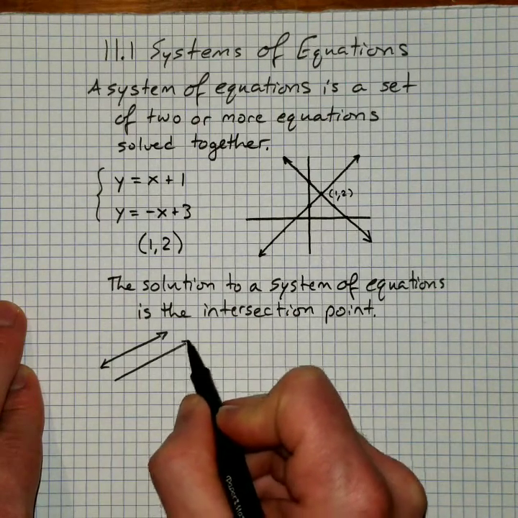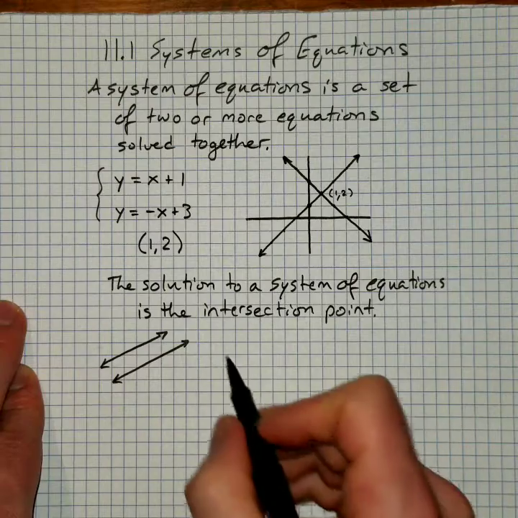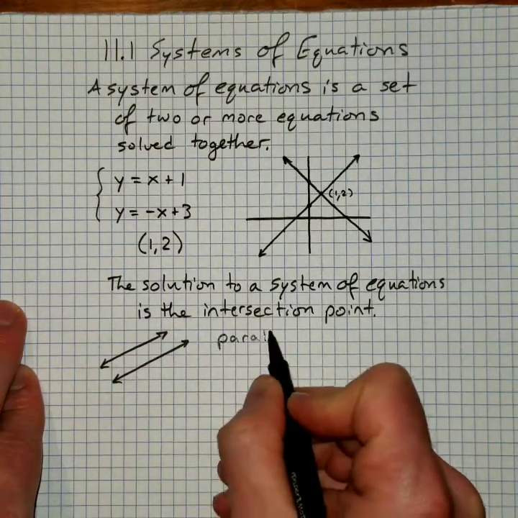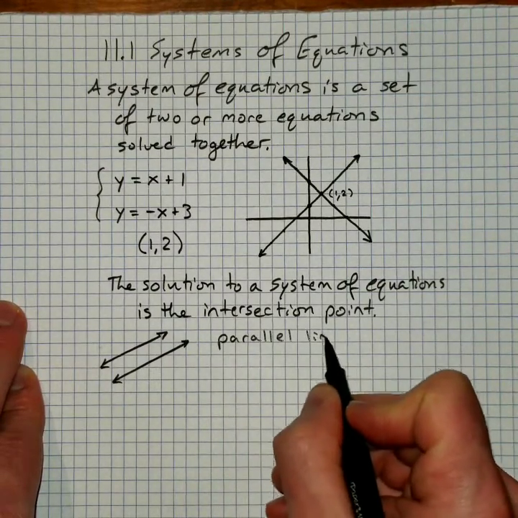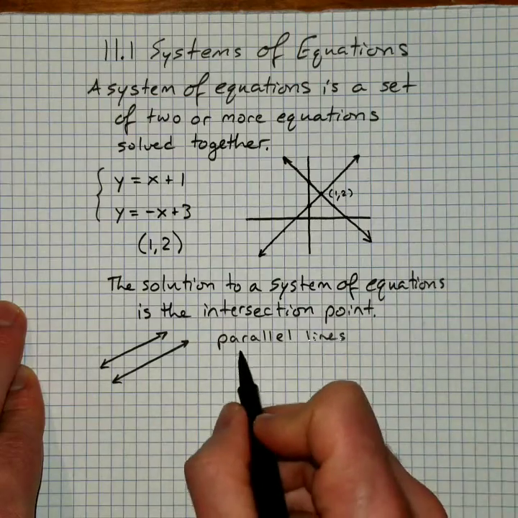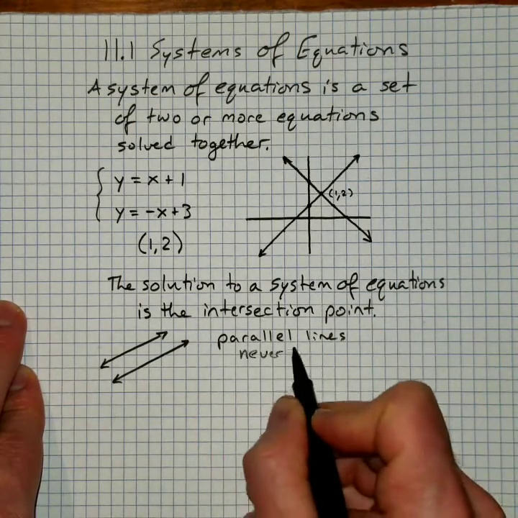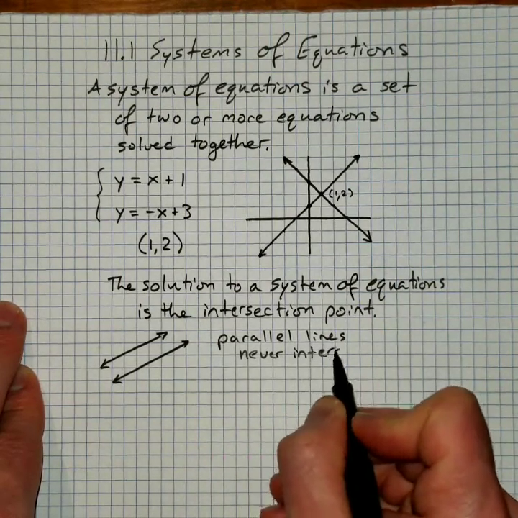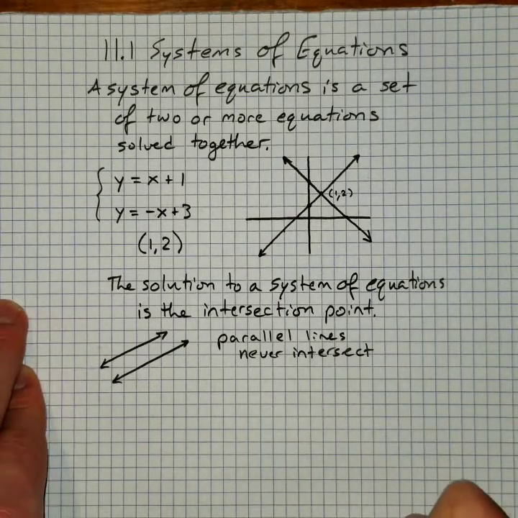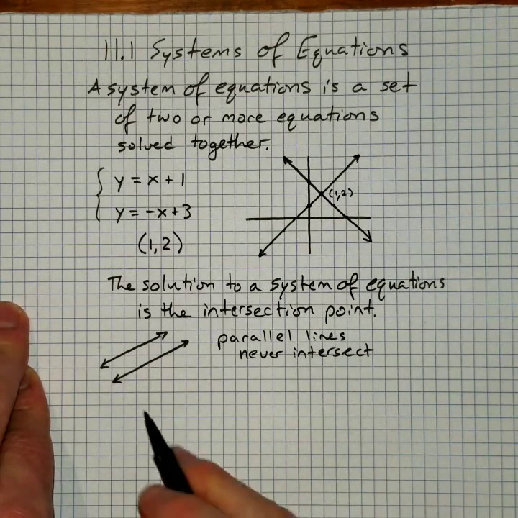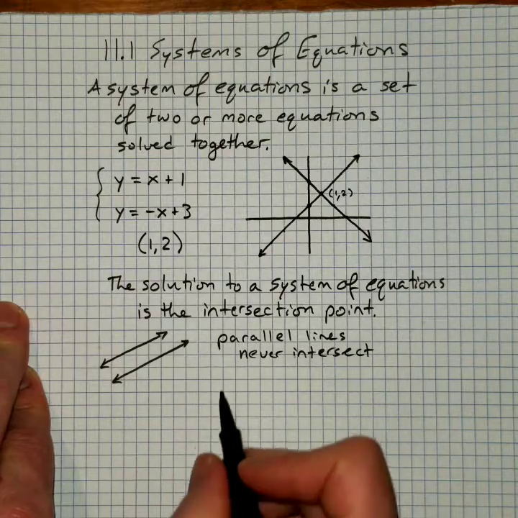We know that parallel lines never intersect. And so if they never intersect, a system with parallel lines would have no solution.